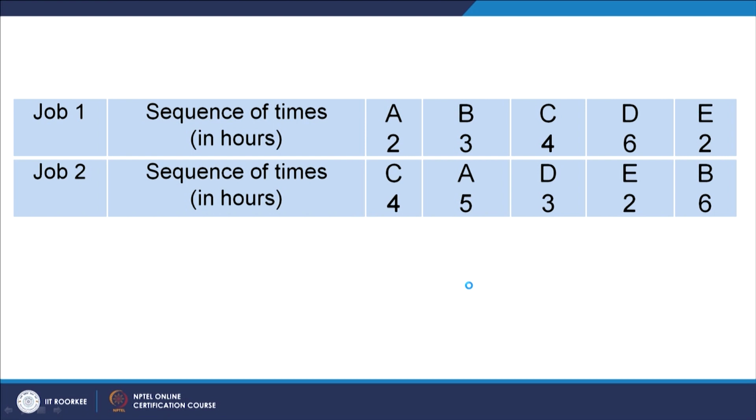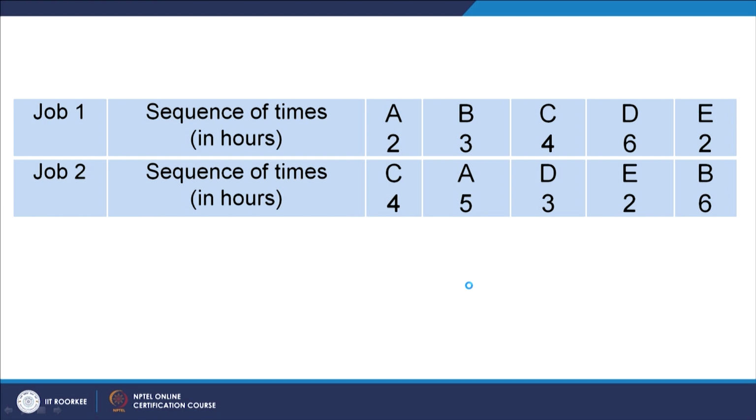Job 2 says that first C should be done, which will take 4 hours, and then A requires 5 hours, D requires 3 hours, E requires 2 hours, and then B requires 6 hours.